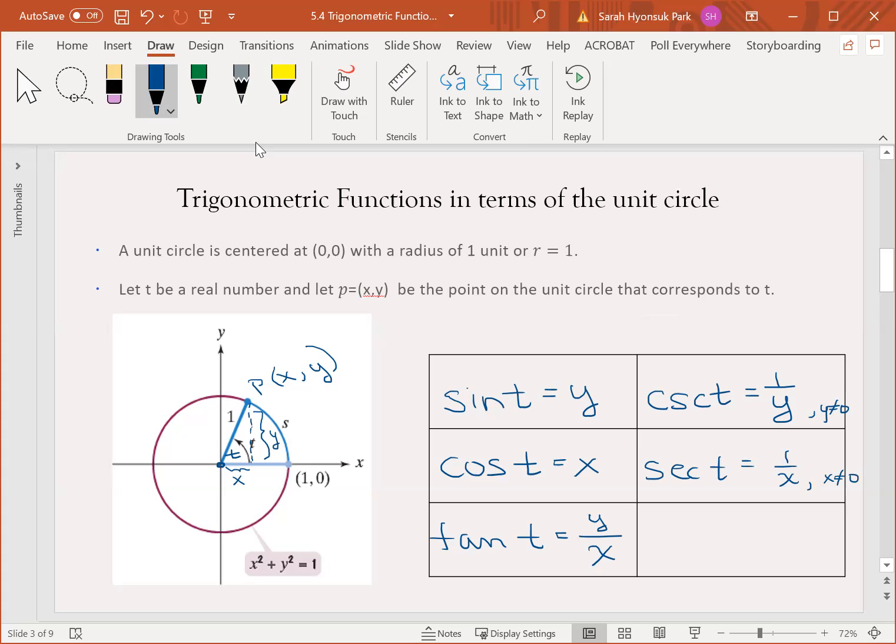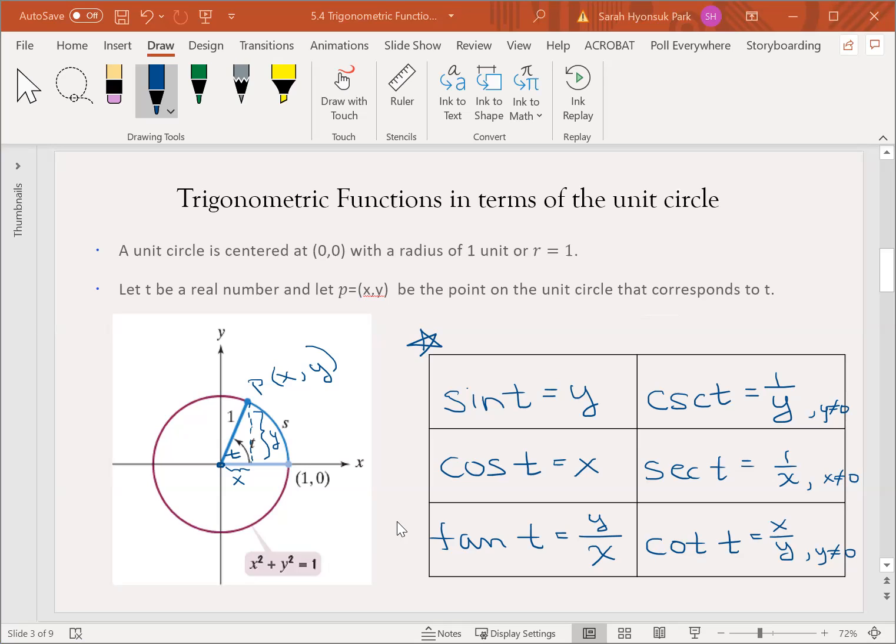The reciprocal of tangent is cotangent T. A lot of people like to pronounce this as cot, but I want you to say the full thing, cotangent. And it's the reciprocal, so it's X over Y, assuming that Y is not 0. Okay, so make sure that you have this in your notes so you can refer to it as you're doing the homework for the week.